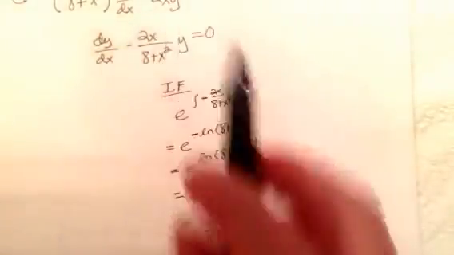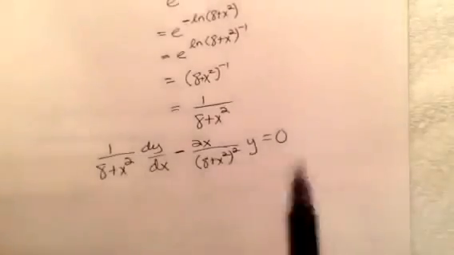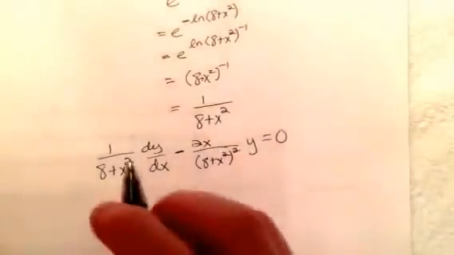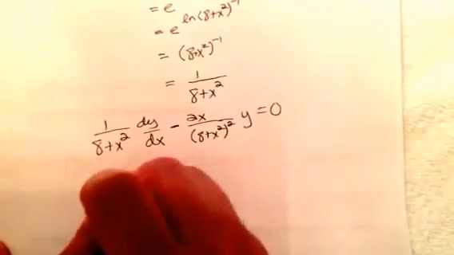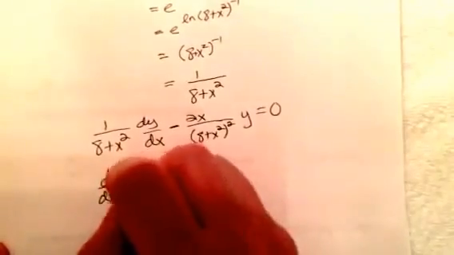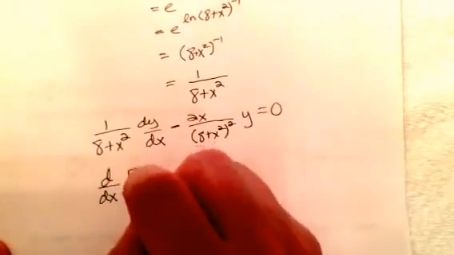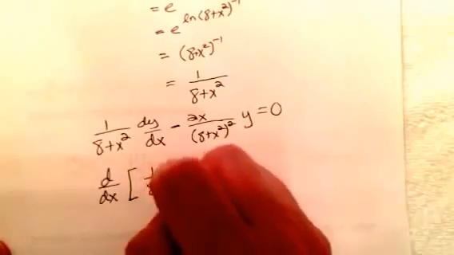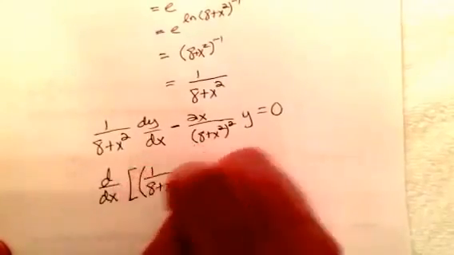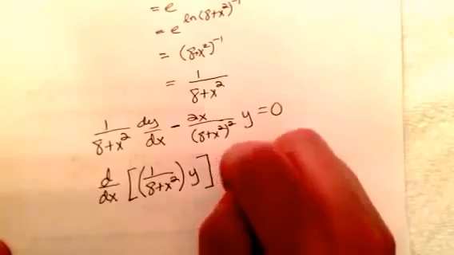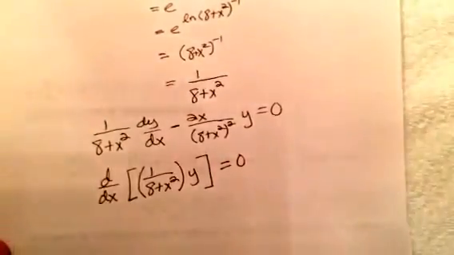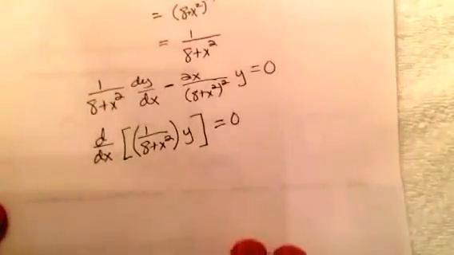Going from this stage to this latter one, the left hand side is going to be the product rule expansion of the integrating factor times y. And again we have this equal to 0.